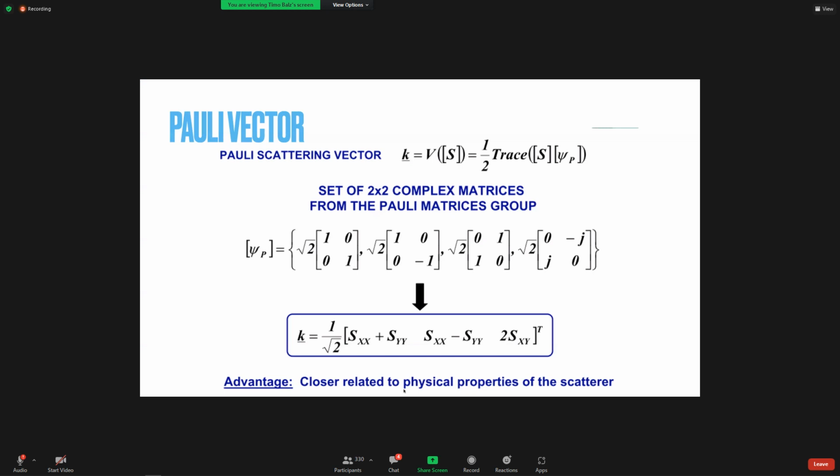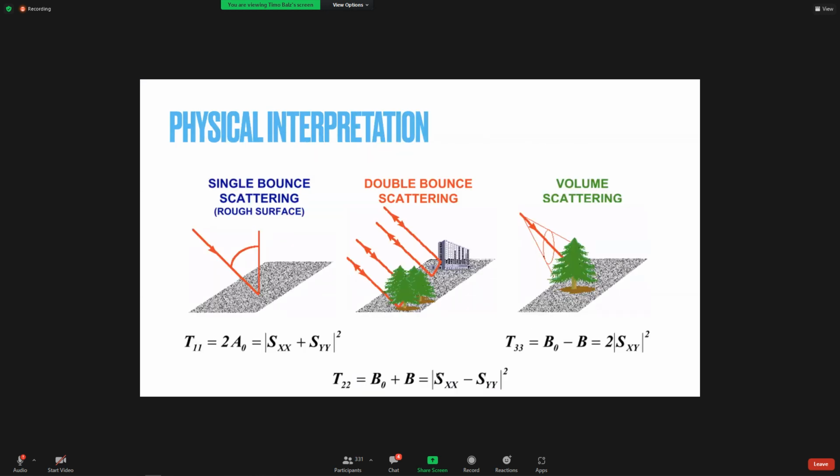Right, and it's good because, I'll show you on the next slide, it's very close to the physical properties of the scatterer, and also easy to put on your computer screen and easy to process. And we can then physically interpret the meaning, right? Because they typically represent 3 different scattering mechanisms.